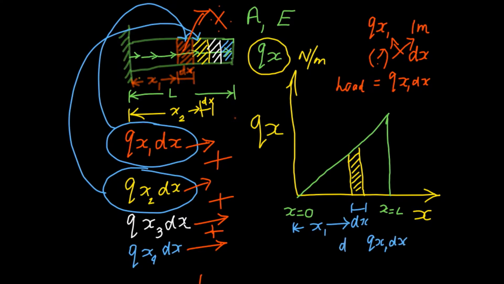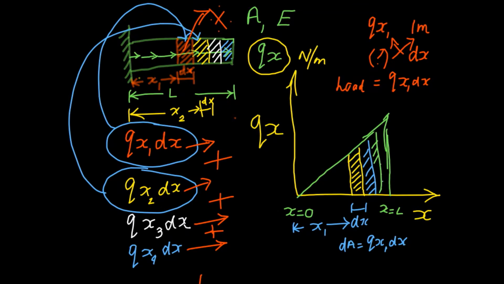So if you want to find all the area, the area of the next portion would be q into x2 into dx. The area of the next portion would be q into x3 into dx, and the area of the next one, q into x4 into dx, so on and so forth.